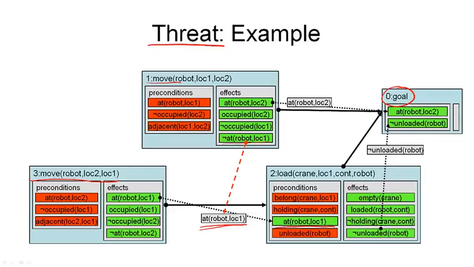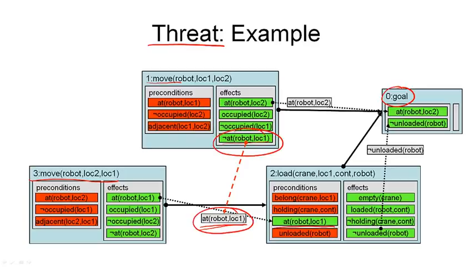So the final action would no longer be executable. This is what is called a threat. We have an action that may possibly occur in parallel with a causal link, and that has an effect that is complementary to the condition we're trying to protect in the causal link. That is what is called a threat.